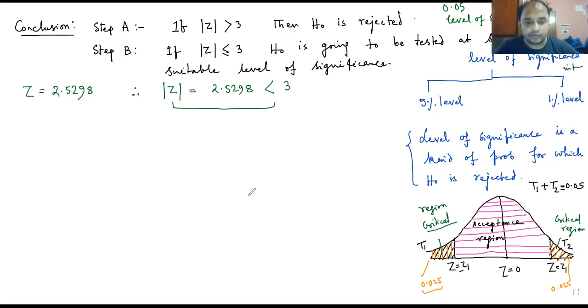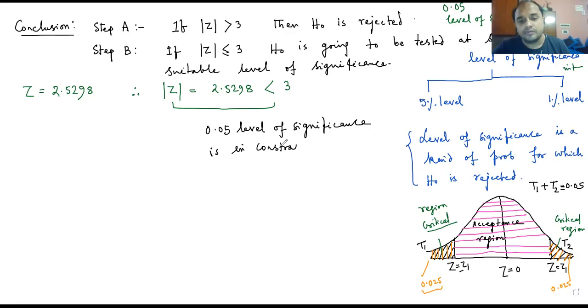I think I have to write it over here properly. It is not 0.05%, or 0.05 level of significance, is in contrast with 95% confidence limit.